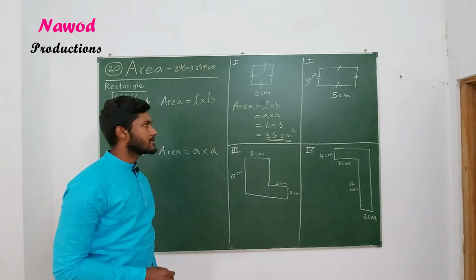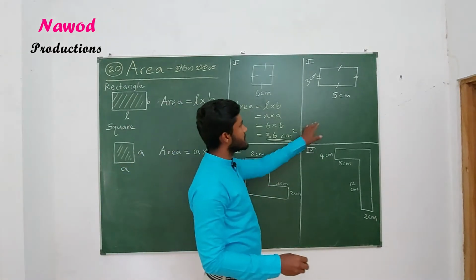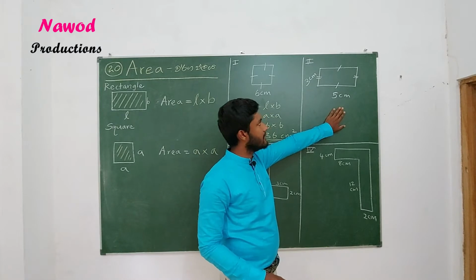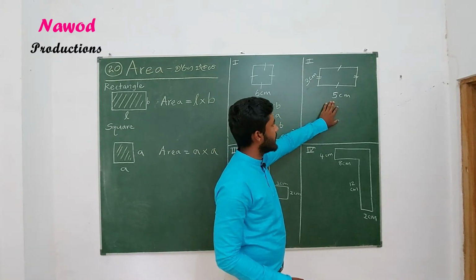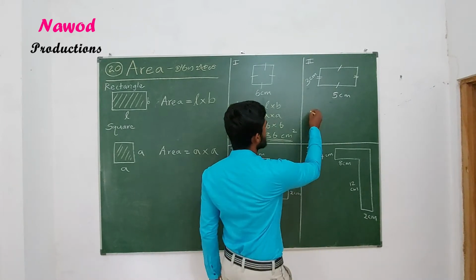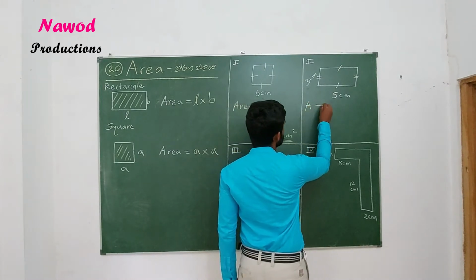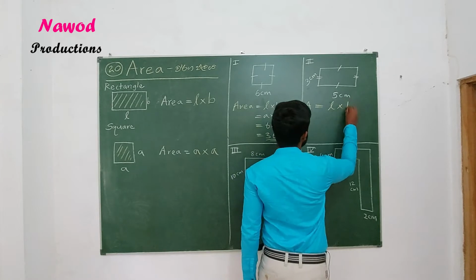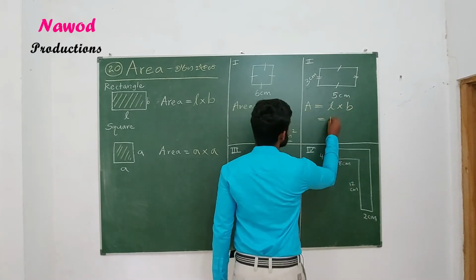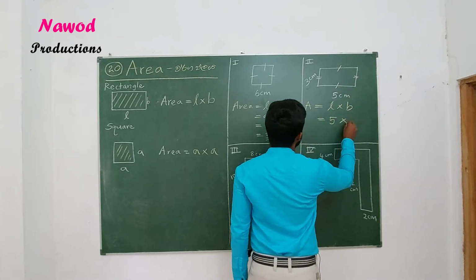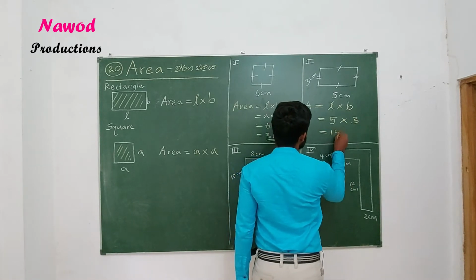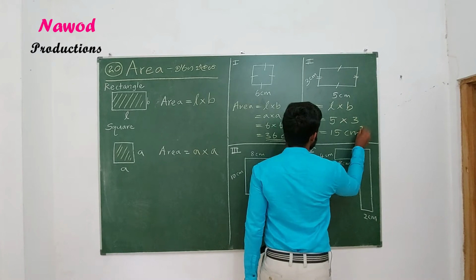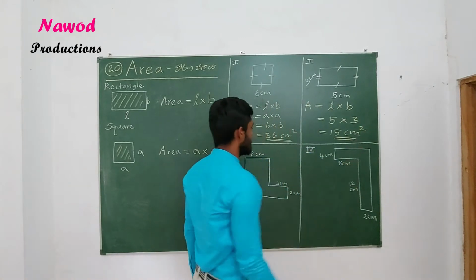The unit is centimeters squared. Then next figure, you have a rectangle with breadth 3 centimeters and length 5 centimeters. Then area equals length into breadth, length is 5, breadth is 3, 5 into 3, 15 centimeters squared. That is the answer.